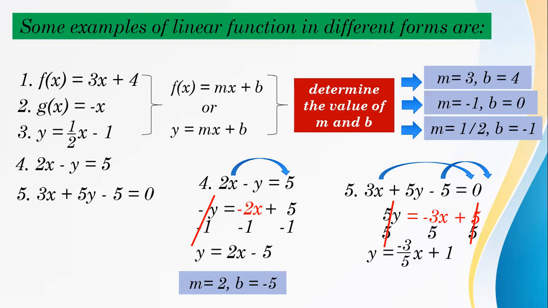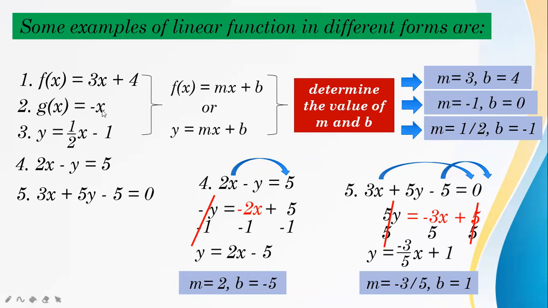Then we have y equals negative 3x over 5 plus 1. Your slope is negative 3 over 5 and your y-intercept is positive 1.